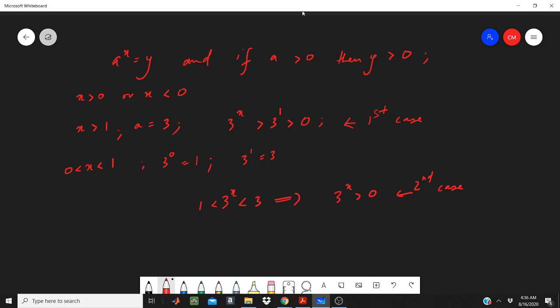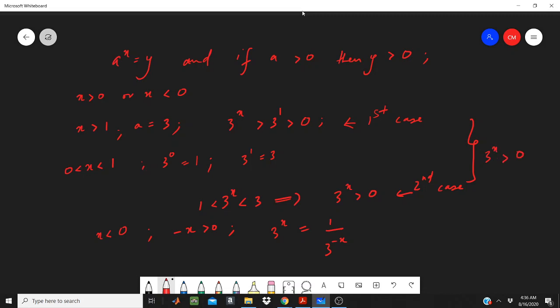So what happens when x is less than 0? That is, when x is negative. Well, if x is negative, then minus x is greater than 0. And 3 to the power of x can be written as 1 over 3 to the power of minus x. And we know that minus x is greater than 0 here. So from our first two cases, when x is greater than 0, 3 to the power of x is greater than 0.